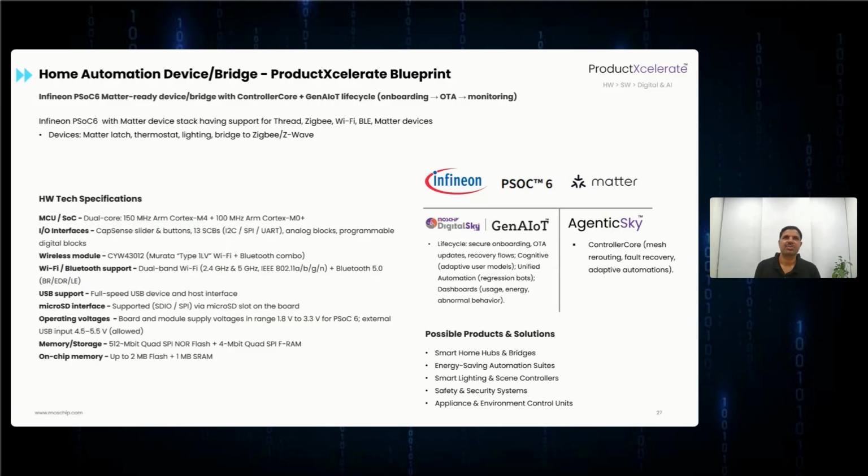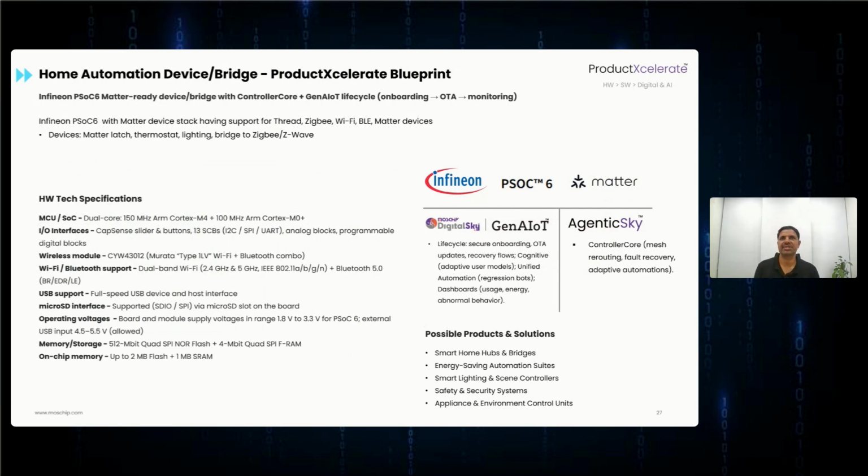The design supports full-speed USB, micro SD, and dual-band Wi-Fi or BLE connectivity, making it suitable for hubs, bridges, and controllers that integrate Matter, Thread, Zigbee, and Z-Wave ecosystems. Gen AIoT provides secure lifecycle management, onboarding, OTA updates, and monitoring.